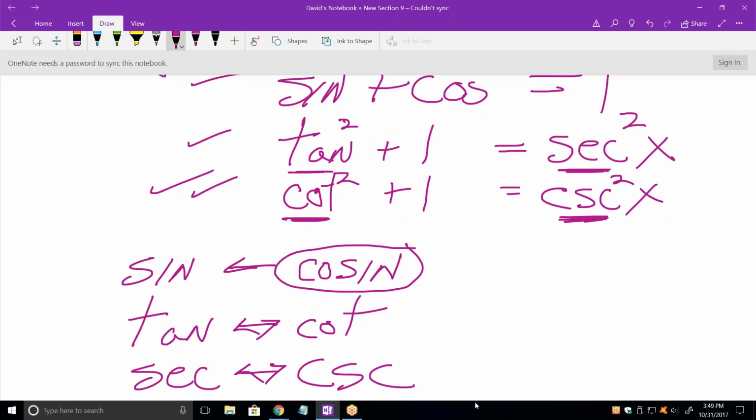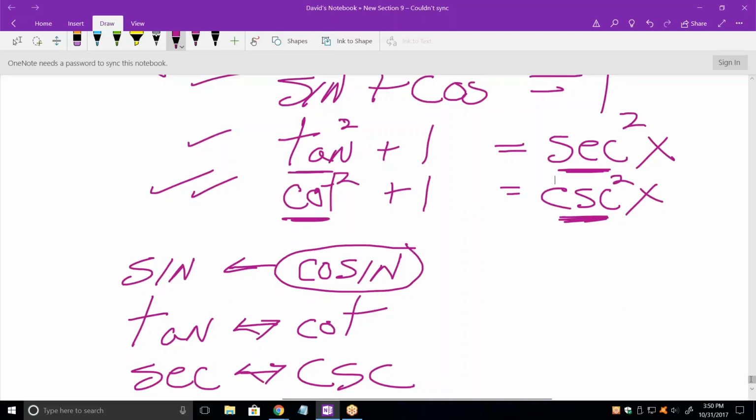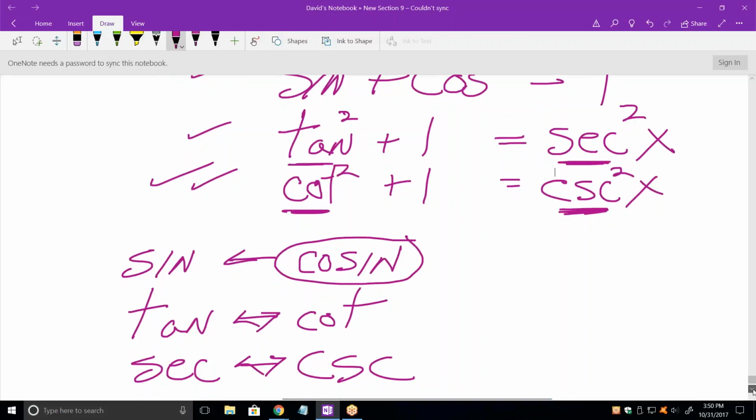And that principle actually goes all the way into calculus, this principle of cofunctions. So it's worth knowing about cofunctions at this point. All right, so those are our 11 trig identities that you just really have to memorize, and you can't get by without them. Okay. Go ahead and give me another problem.